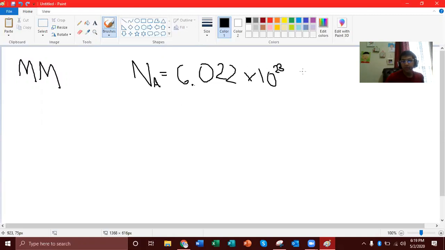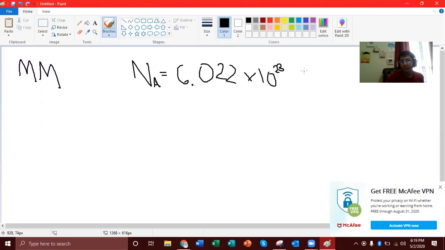And if you want to put units, it's elemental entities per mole, so whether it's atoms, ions, formula units, or even molecules per mole.